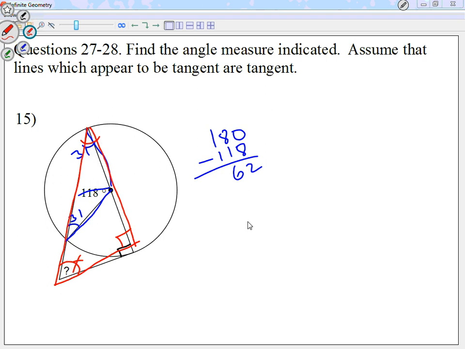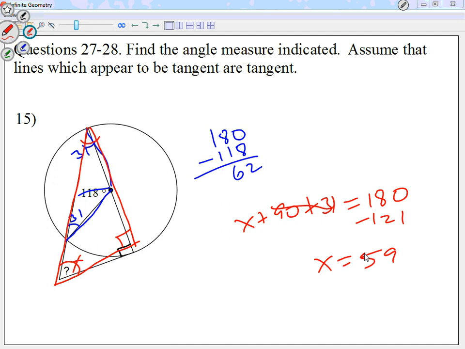So if I add the three angles, x plus 90 plus 31, it is going to equal 180. 90 and 31 is 121. Once I move it to the right, it becomes minus 121. So I'm going to get that x equals 59. Any questions on these?